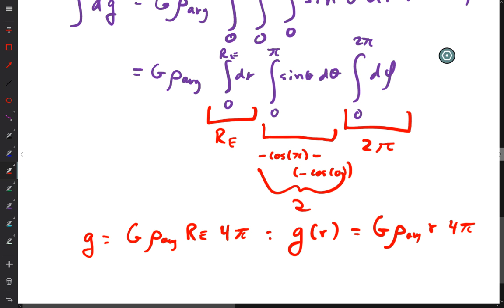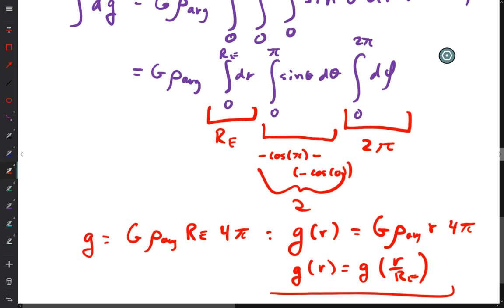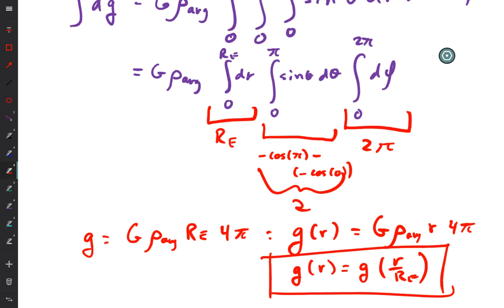Well, since this is G, I'm just going to substitute. The acceleration of gravity as a function of depth, or excuse me, radius from the center, is just the acceleration of gravity at the surface times the ratio of how far you are from the center. Now that's real simple, and that's easy to say.